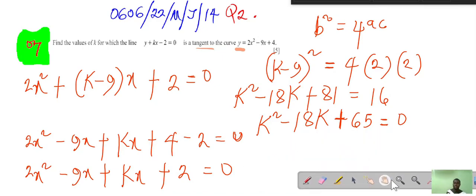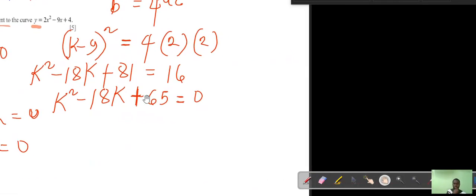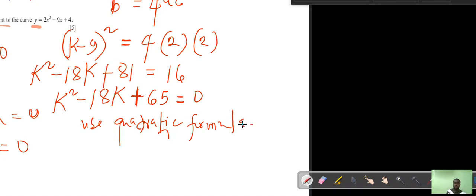This is not a factorization lesson, so I won't go through the process of doing that. So k squared minus 18k plus 65 equals 0. If you like, you can just use the quadratic formula. You can be very fast with that. I'll just quickly provide the answer.